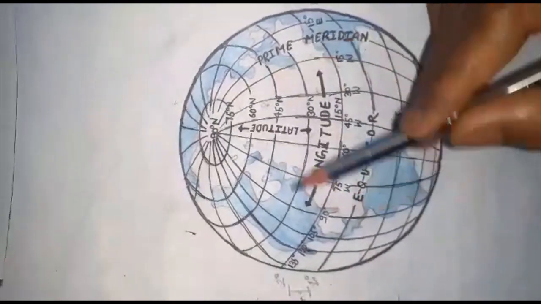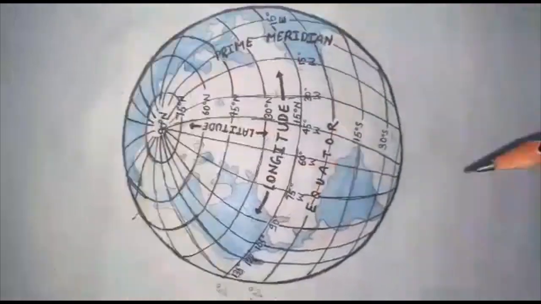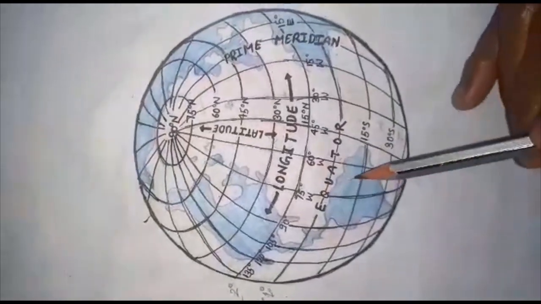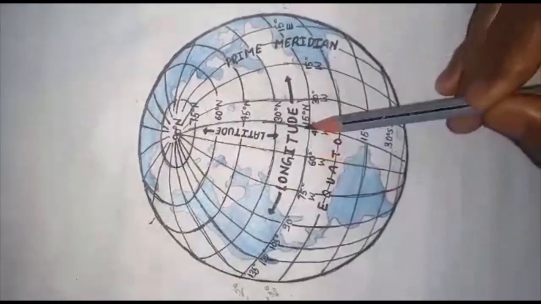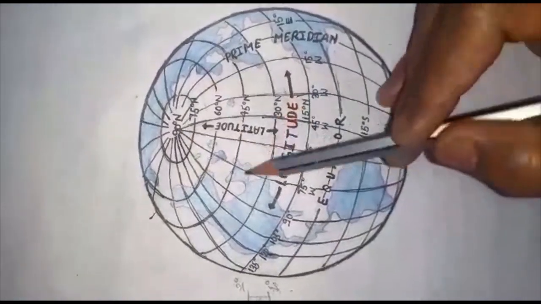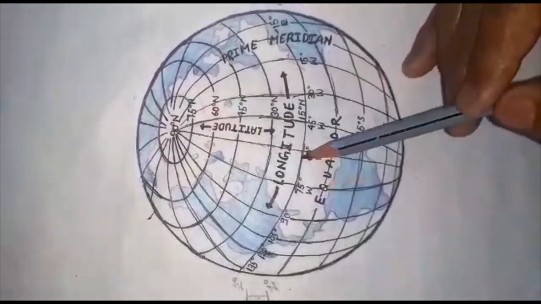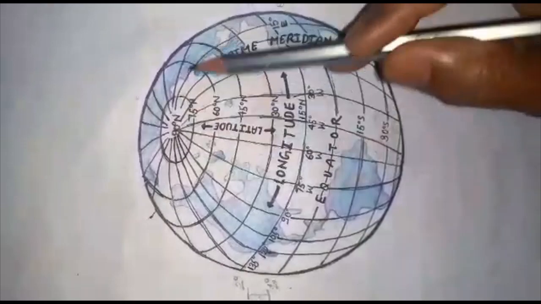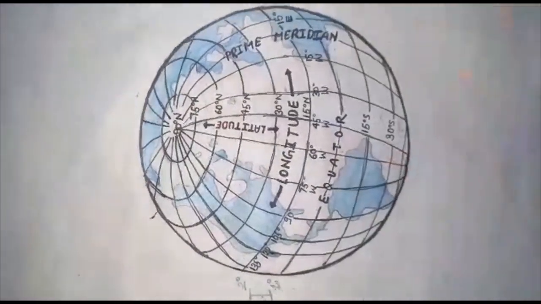In total, there are 181 parallels including the equator. The parallels become shorter as we move away from the equator towards the poles. All the parallels are complete circles except the North Pole and South Pole, which are points.